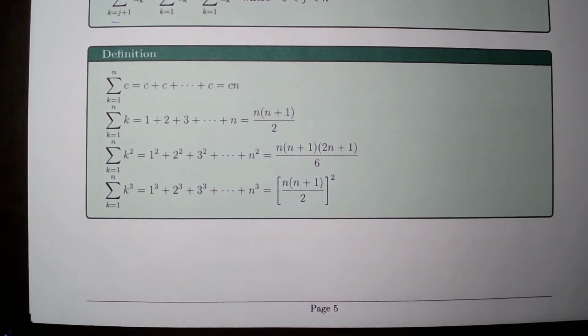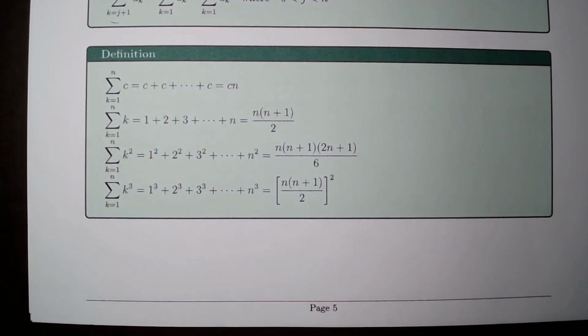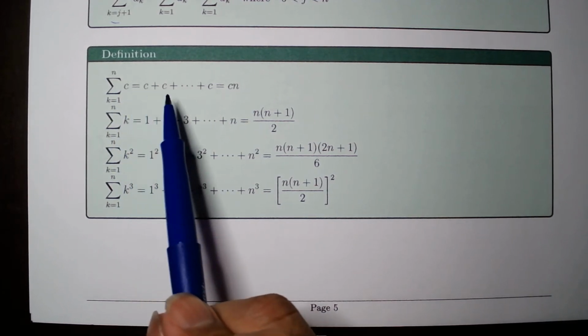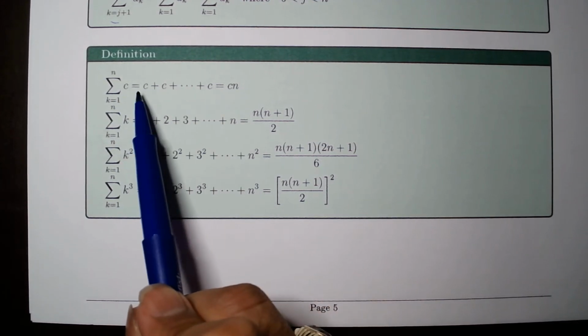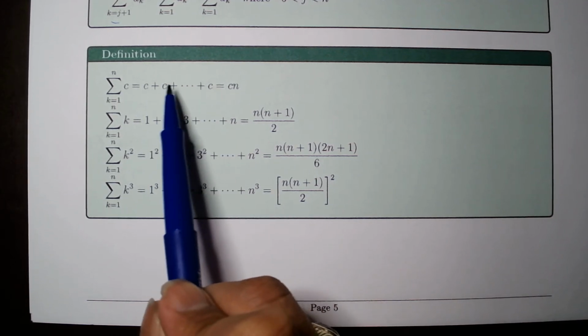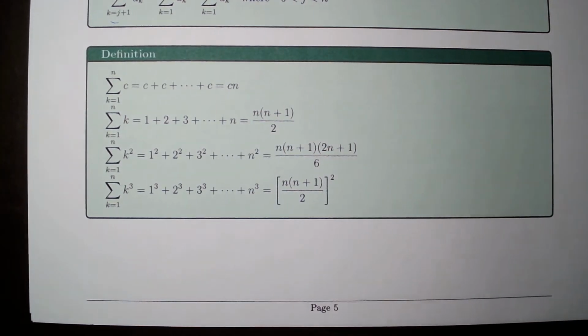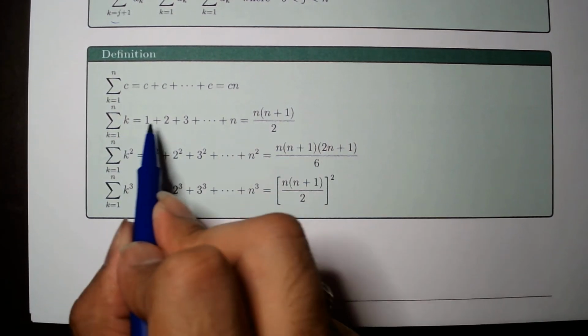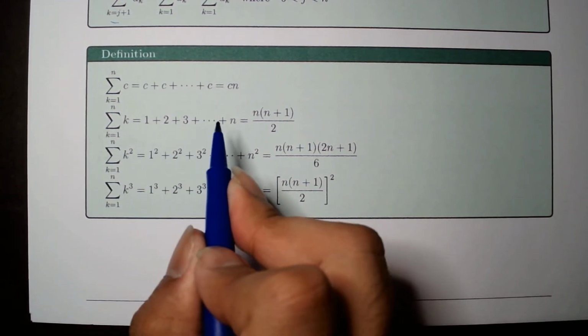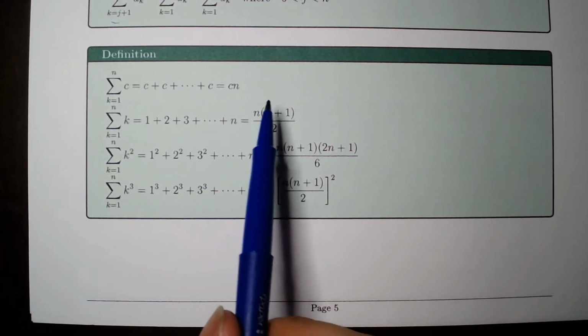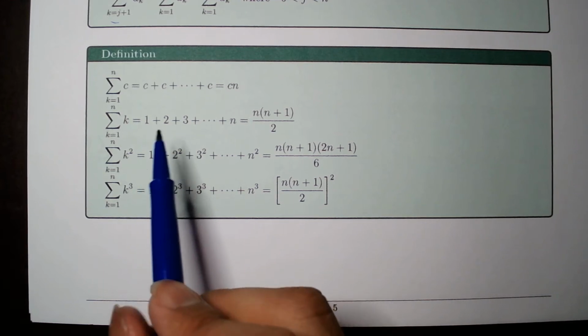Then we have a couple of definitions here. When we sum 1 times a constant n times, all we do is multiply n times the constant. The second property has a very interesting historical background, which I'm going to talk about in a second.